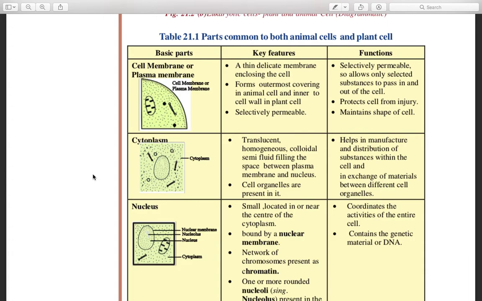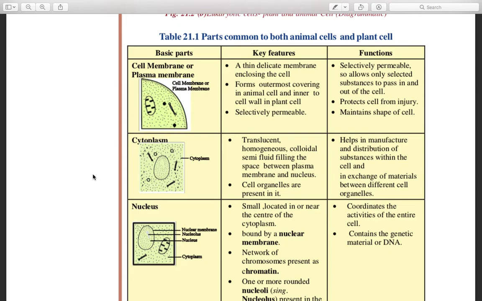But if you mix water with some solid like sand, then it is not homogeneous. So this is the definition of homogeneous. I hope you get what I'm trying to say. And colloidal is like paint, where water or oil is equally mixed with small particles of another substance. So, for example, paint.